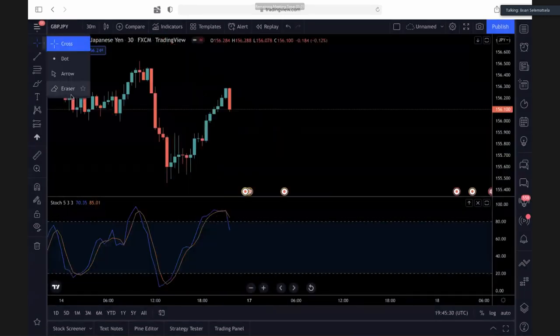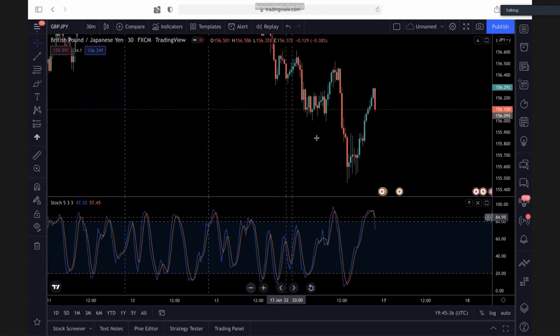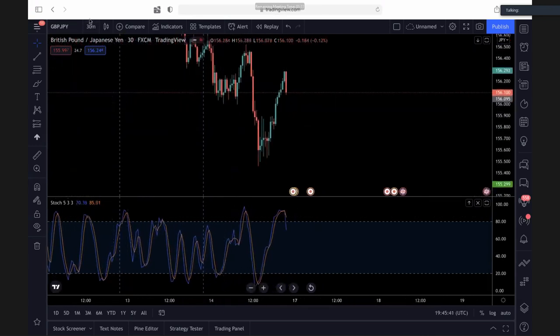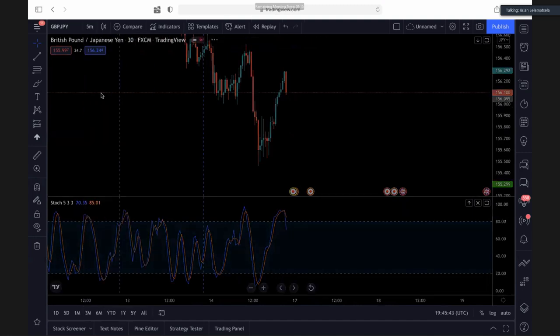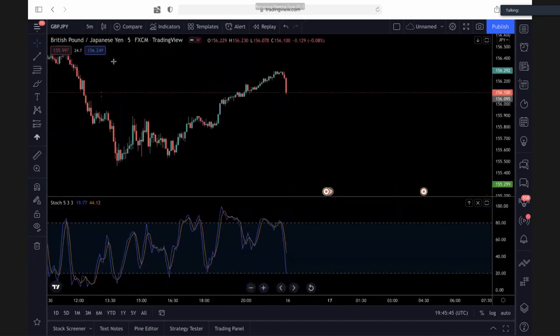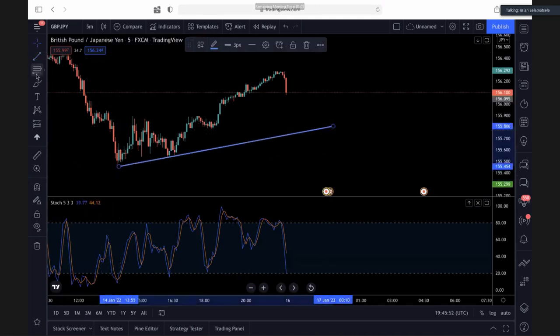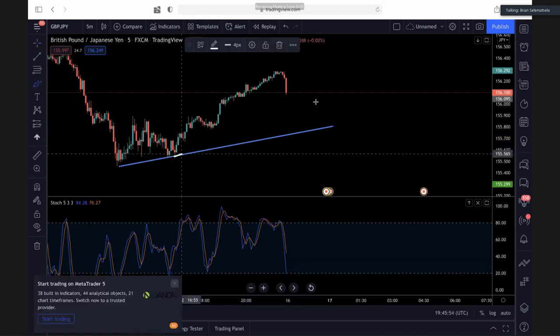So let's check for more. Okay. On the five minutes, I'm supposed to see a proper structure. Perfect. On 5 minutes, I'm seeing a footprint line. I'm seeing a first layer line.